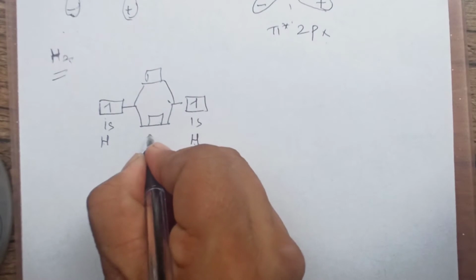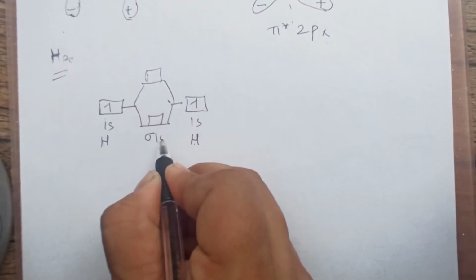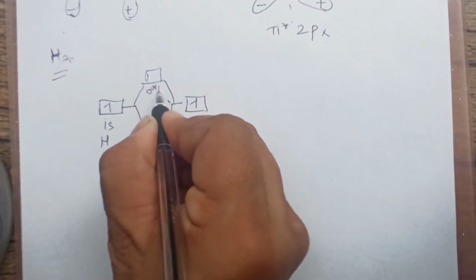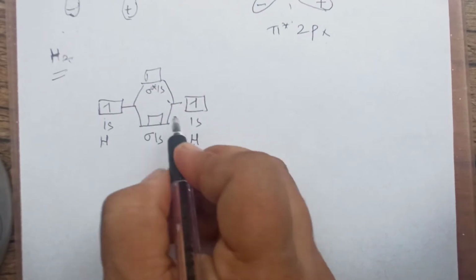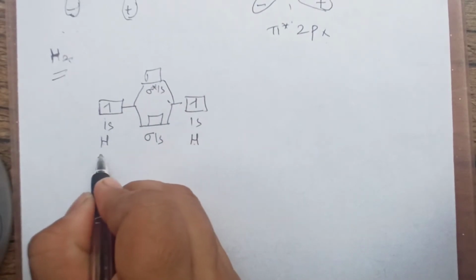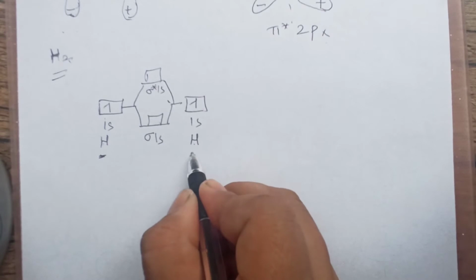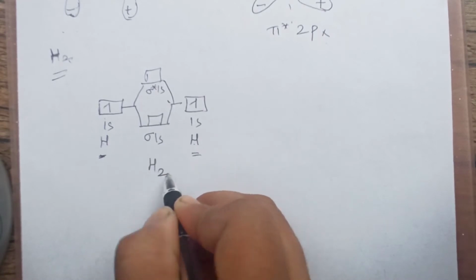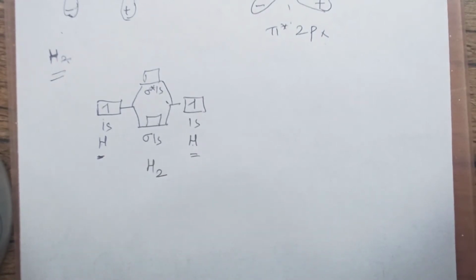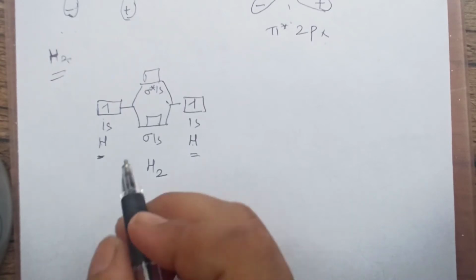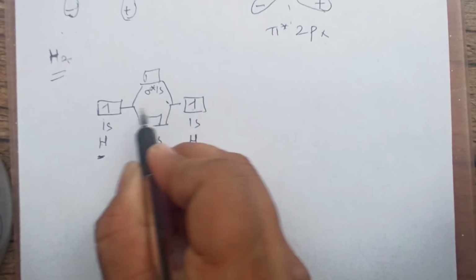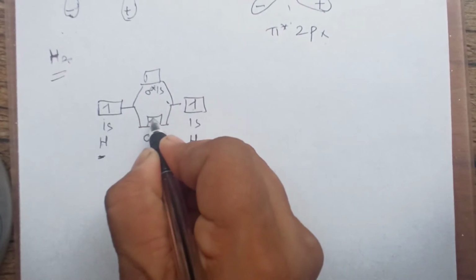These molecular orbitals are called sigma 1s and sigma star 1s. Clear? So one electron from here, this side is represented by atomic orbital. This is atomic orbital. In the center we are writing molecular orbital. So 1s of one, 1s of another one will combine. And how many electrons are we getting? One from here, two. So two electrons.